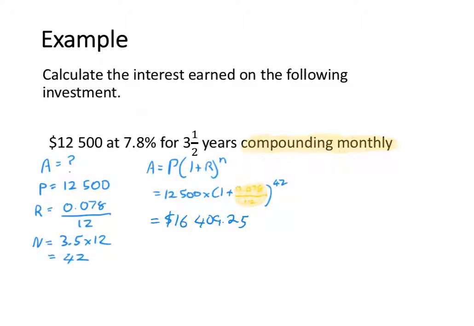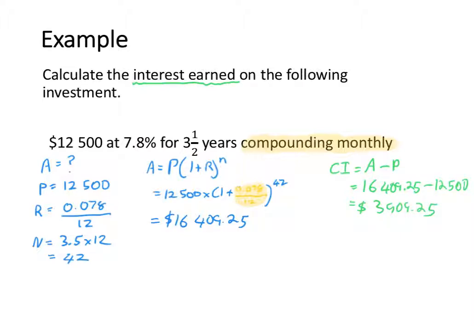So in 3.5 years' time, you'll have a total amount of $16,409.25. Now, to calculate the interest component on that, we can use the formula compound interest is the future amount minus the principal. So that's going to equal $16,409.25 minus 12,500. So my compound interest amount is going to be $3,909.25.